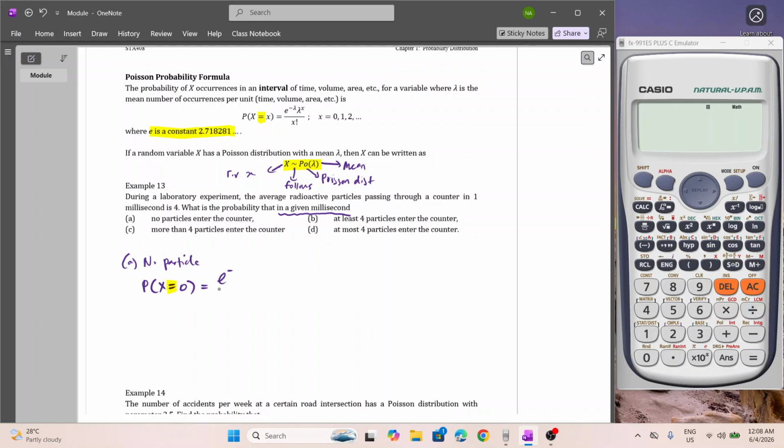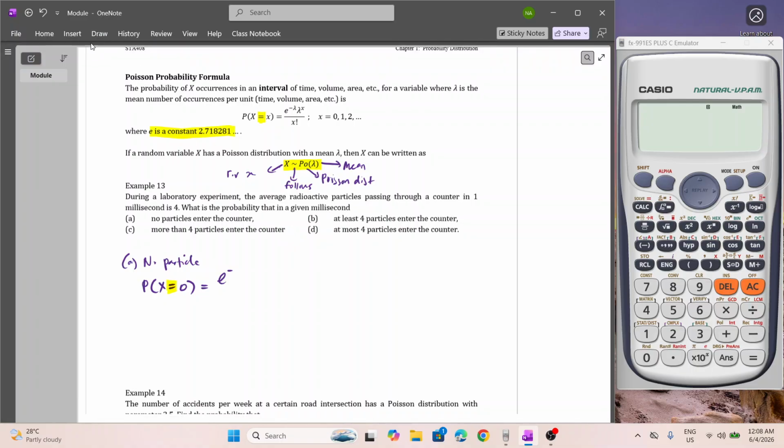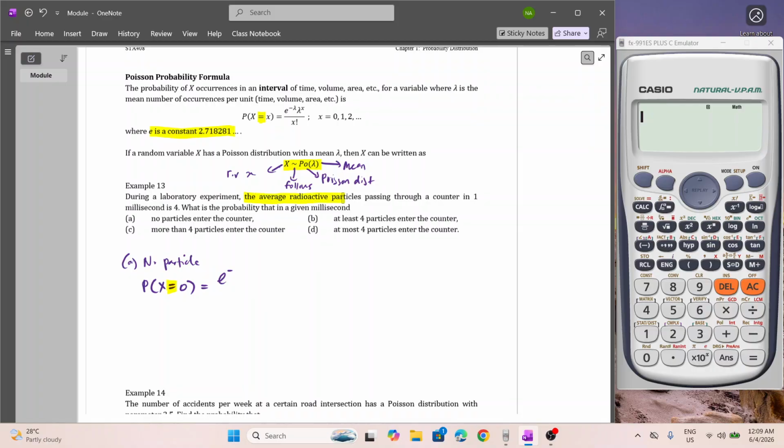And from the question, you need to first identify what is the lambda or what is the mean. Okay, so from the question, the average number of radioactive particles passing through a counter in 1 millisecond is 4, right?